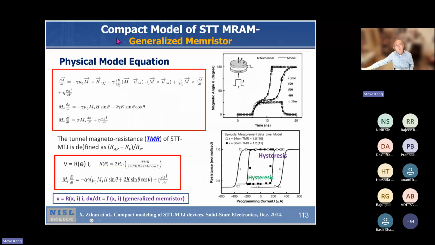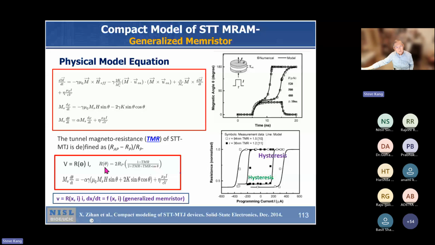But if you look at the compact model of STT-MRAM, it's a physics-based model, and the equation is rather complex. But if you simplify it, it becomes like this in the red rectangle. Voltage is equal to R(theta), a state variable, multiplied by current. R(theta) resistance is 2RP(1 plus TMR) over (2 plus TMR plus TMR cosine theta), for instance.